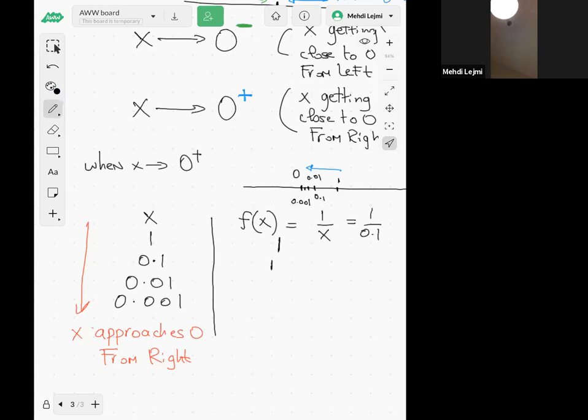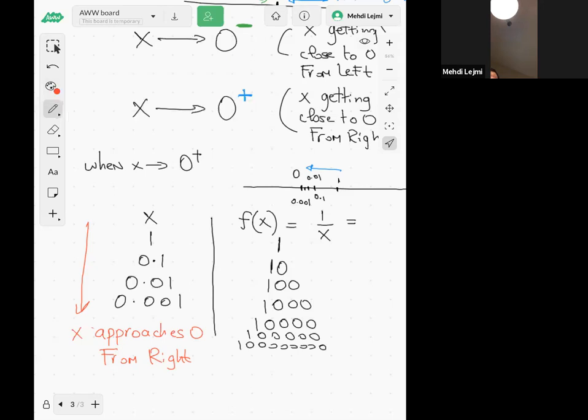When x is 0.01, 1 over 0.01 will be 100. When x is 0.001, 1 over x would be 1,000. And you can continue. Next would be 10,000, next would be 100,000, 1 million, etc.